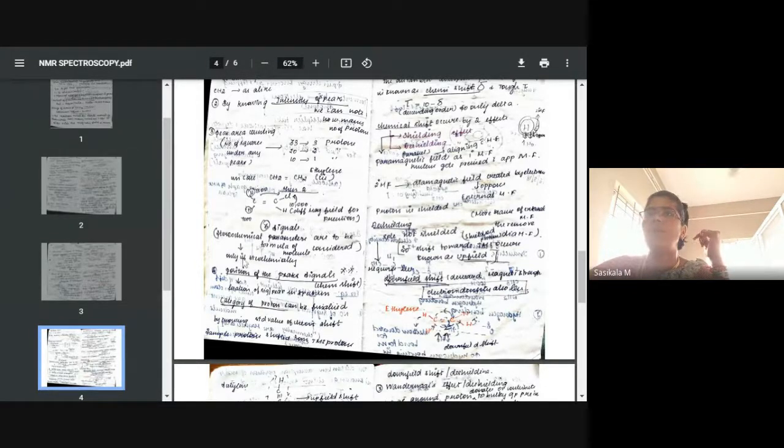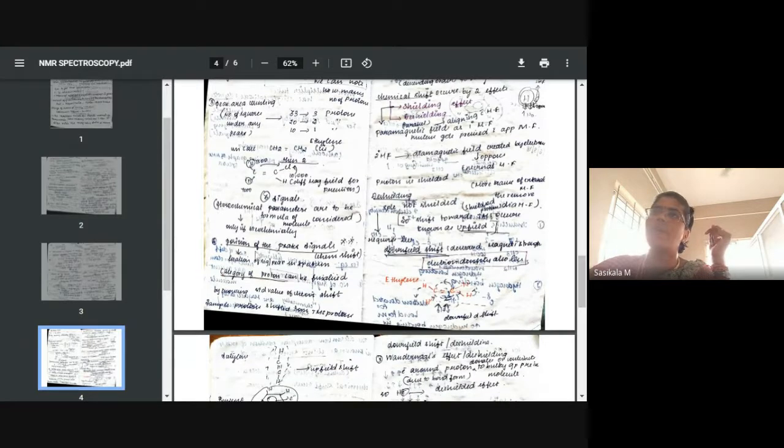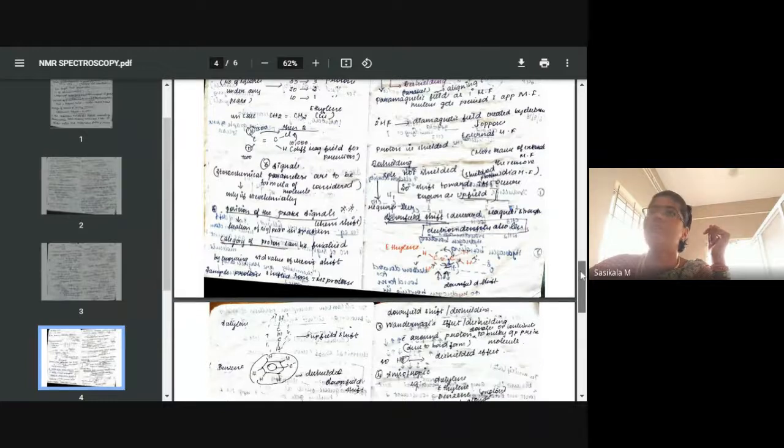Then the fourth is position of signals. It is most important, and you will get a 5-mark or 10-mark question from this topic, position of signals. So carefully listen to it. If you understand the position of signals, then the whole NMR concept will be understood.